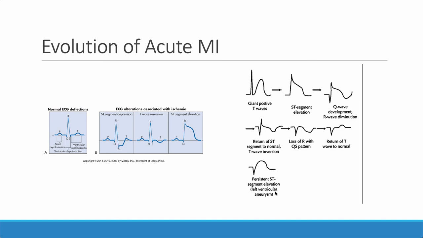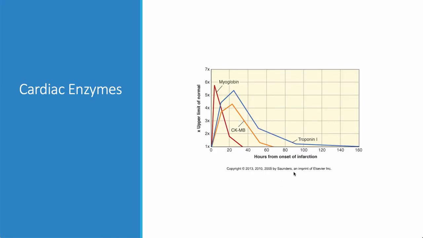We don't see that very often anymore because we usually fix these patients pretty quickly after they present with chest pain. Now, how do we use the laboratory values from cardiac enzymes and other blood tests? Well, when muscle dies, it releases the contents of the cells, right?